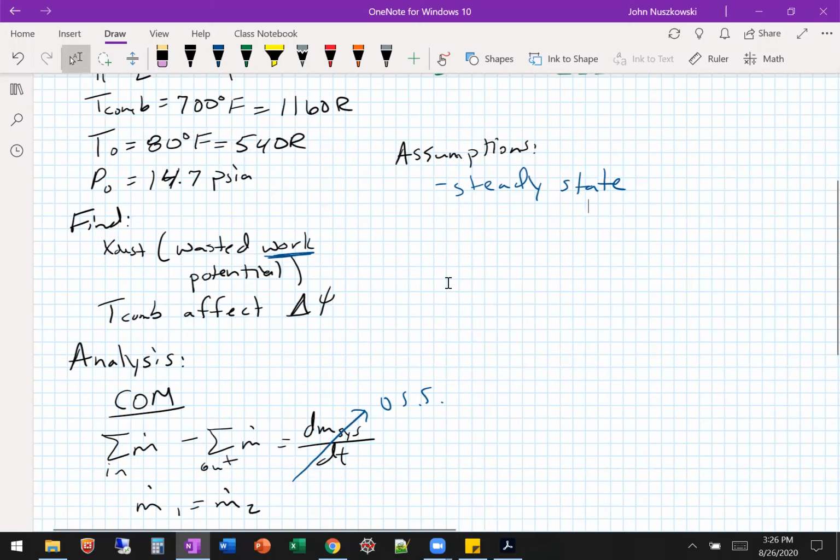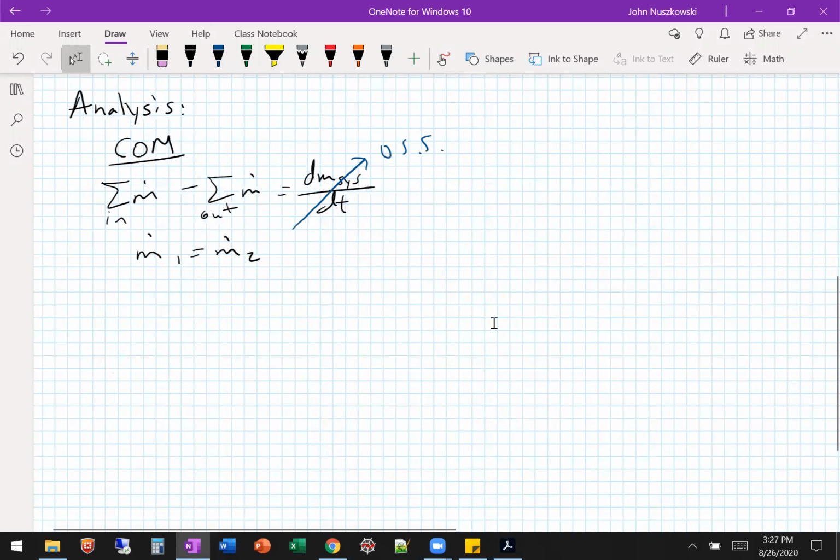Where else can we go next, or where do we start with getting this x destroyed? Conservation of energy.